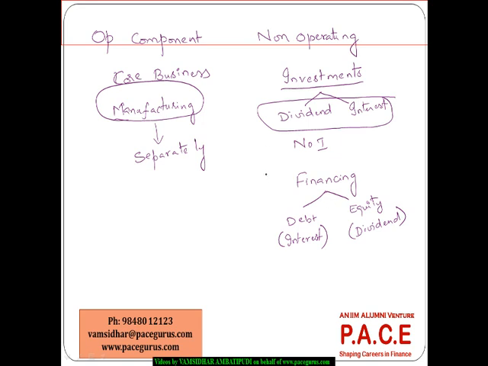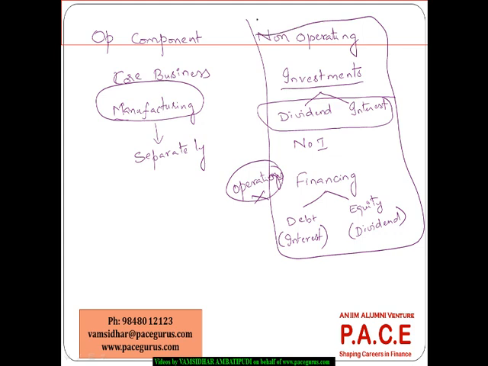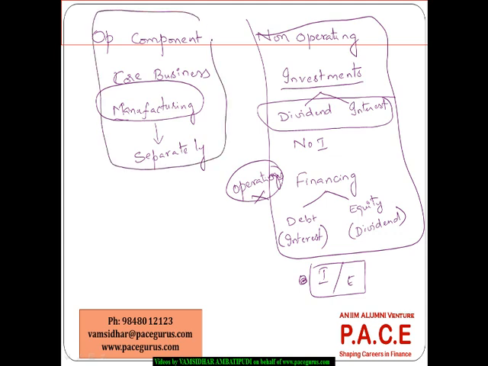So these are independent of the operations of the firm. So we talk about all these components as a part of non-operating components in the financial statement. So whether they are income or expenses, they need to be shown separately from the operating component. These two should not be clubbed in terms of presentation.